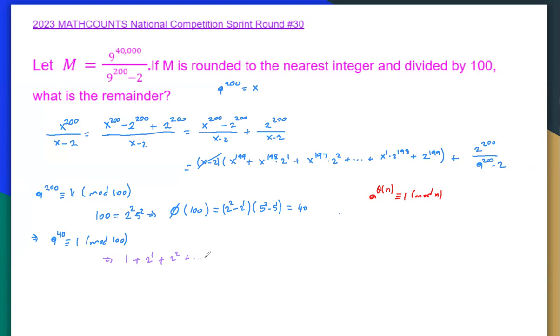And if you keep doing this, then you will get 2 to the 198 and 2 to the 199. So the question is asking what this guy is congruent to. I'm going to say this is equal to y if you take mod 100. So this is the problem, mostly part of the problem, right after this stuff.